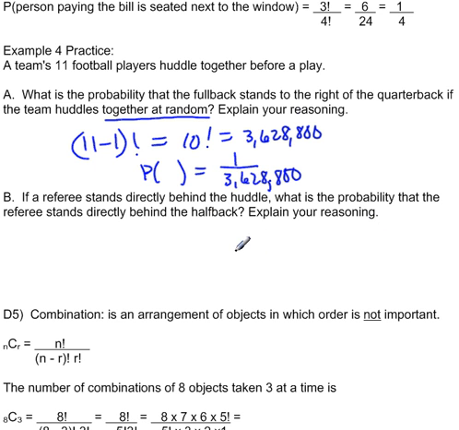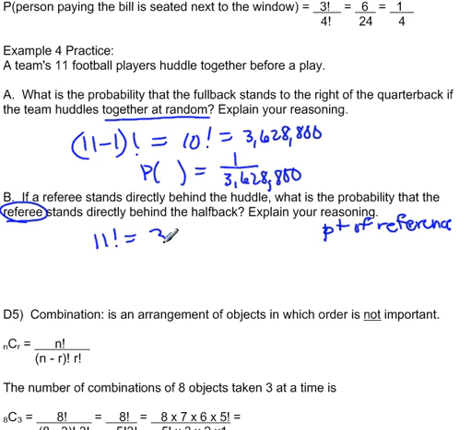Now on this one, you have a point of reference. Your point of reference is your referee standing in a certain position. So on this one, if you'll remember, it's just going to be n factorial, so it's going to be 11 factorial, which is equal to the 10 factorial times 11, basically.